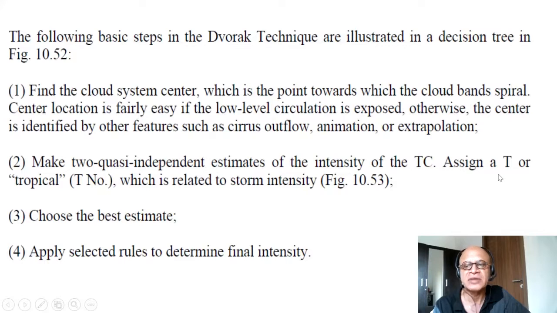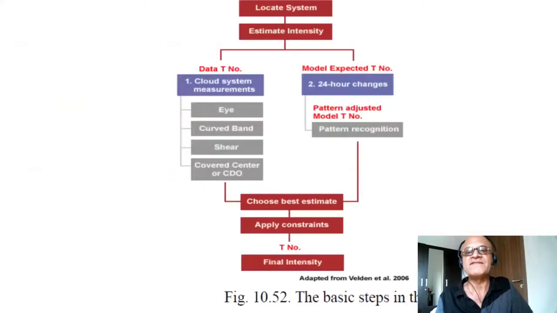Assign a tropical number T, which is related to storm intensity, as we saw in the figure. Choose the best estimate, and then apply selected rules to determine the final intensity. Obviously, some experience and some empirical approaches are involved, some subjectivity is involved.